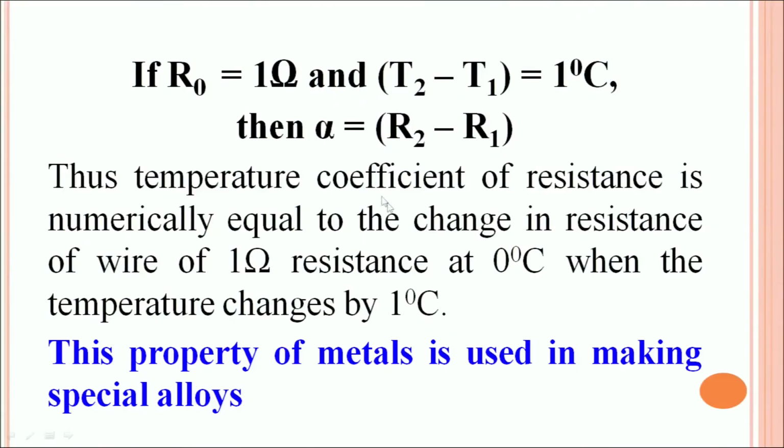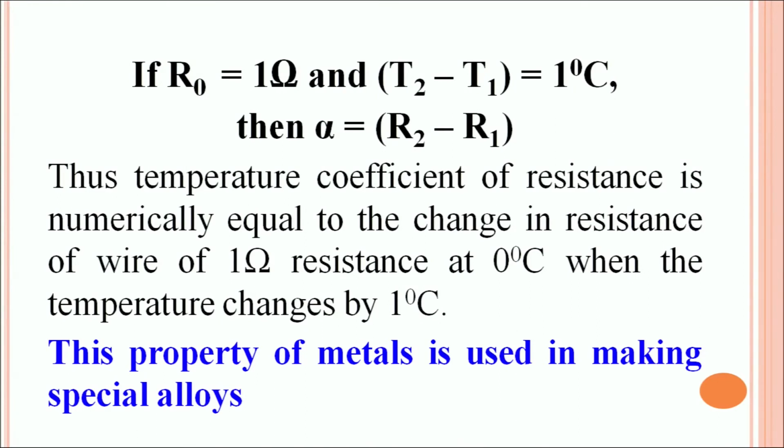So here we define the temperature coefficient of resistance formally. We say that the temperature coefficient of resistance is numerically equal to the change in resistance of a wire of 1 ohm resistance at 0 degree centigrade when the temperature changes by 1 degree centigrade.